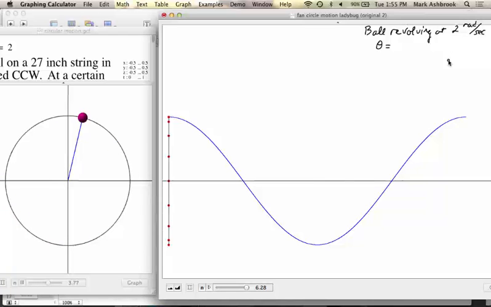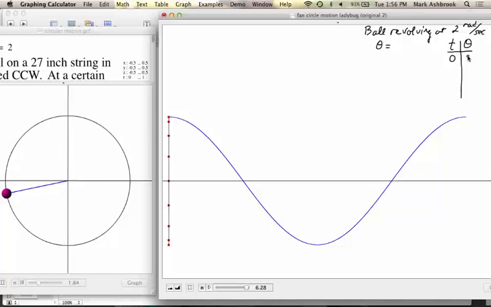To help you write a formula, a really helpful thing is to create a table of values. So for different values of t, we're going to generate what the resulting values of theta would be. So when t is 0 seconds, what's theta?